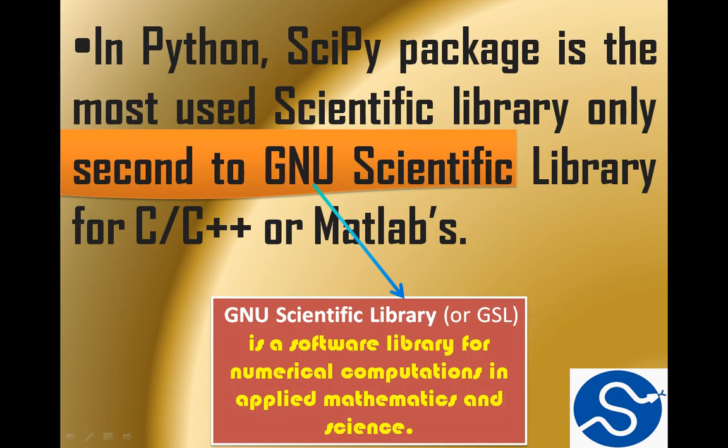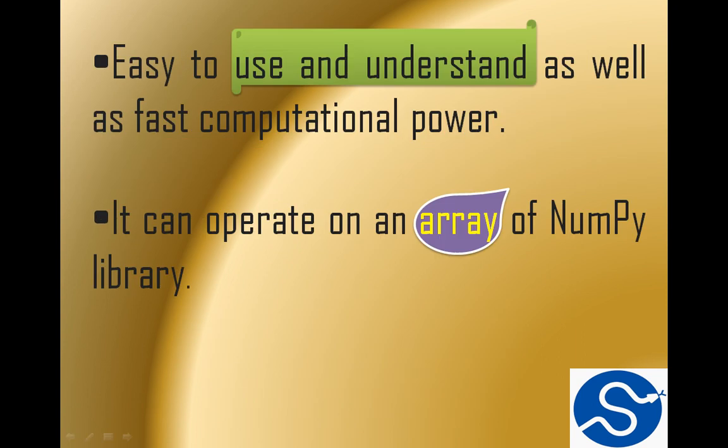In Python, the SciPy package is the most used scientific library, only second to the GNU Scientific Library for C and C++, or MATLAB. GNU Scientific Library is also known as GSL and it is a software library for numerical computations in applied mathematics and science.